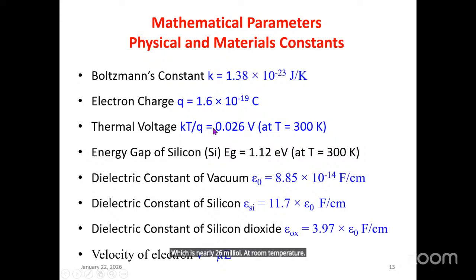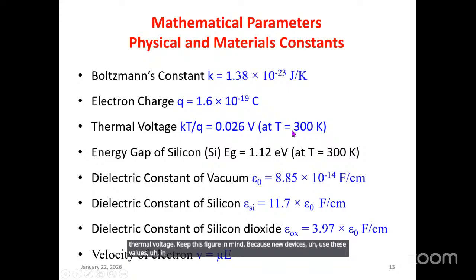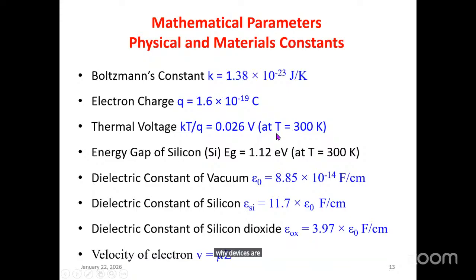Thermal voltage. Keep this figure in mind, because new devices use these values in their invention, and the answers to why the devices are popular lie here. Next is the energy gap of silicon. It is approximately 1.1 electron volt at room temperature.